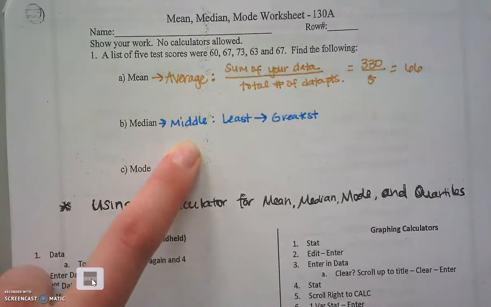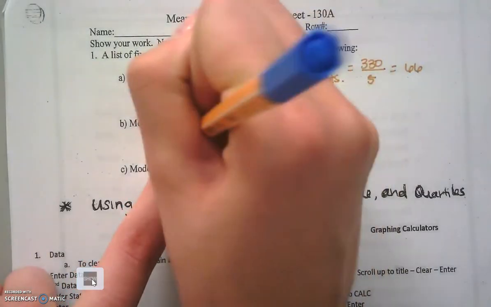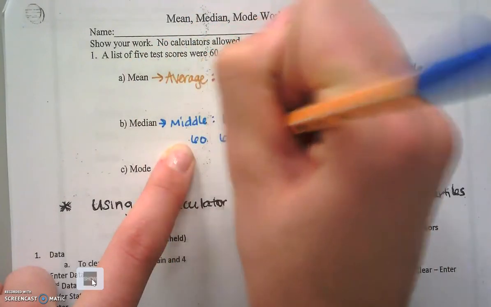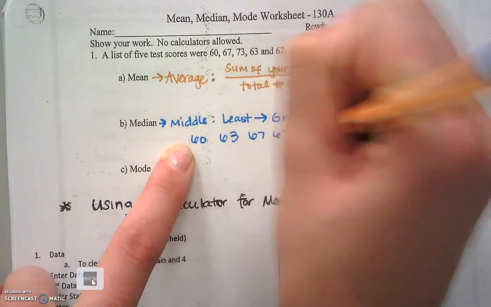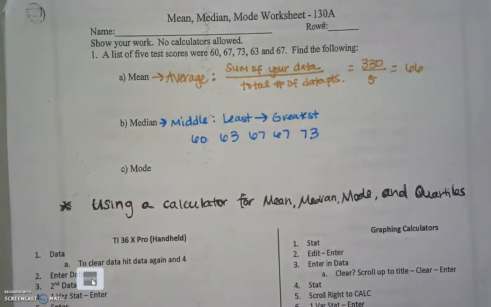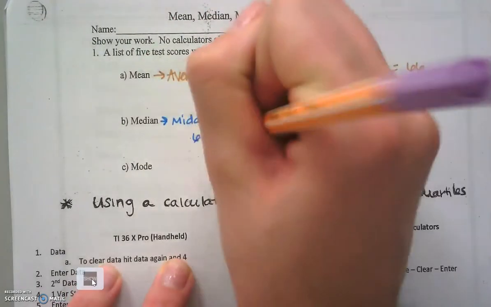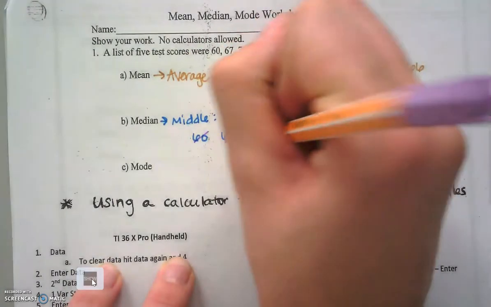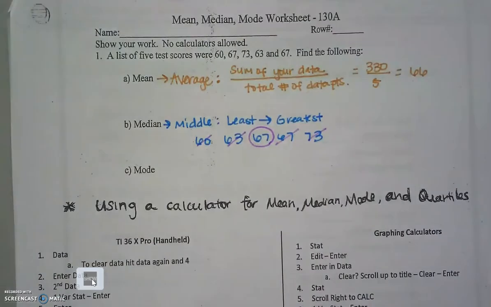So we have 60, 63, 2 67s, and a 73. Then I'm going to try and find the middle by canceling data points on either end. And we want to cancel an even amount on either end. And so 67 is my median. It's the number in the middle.